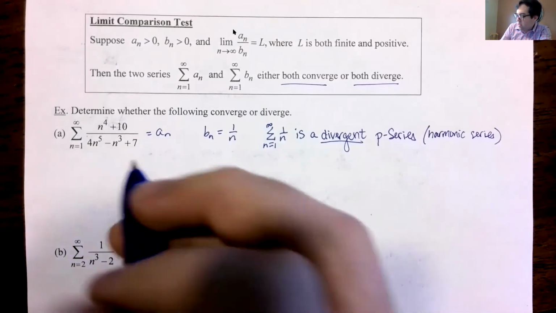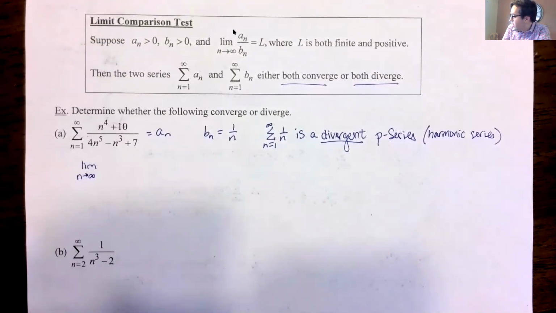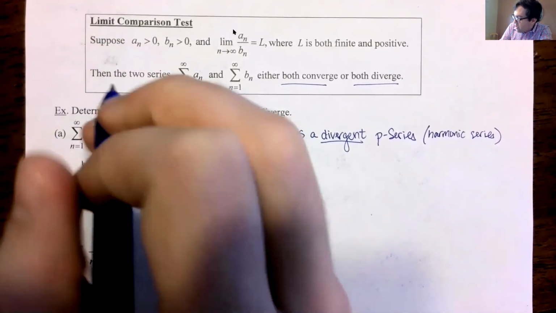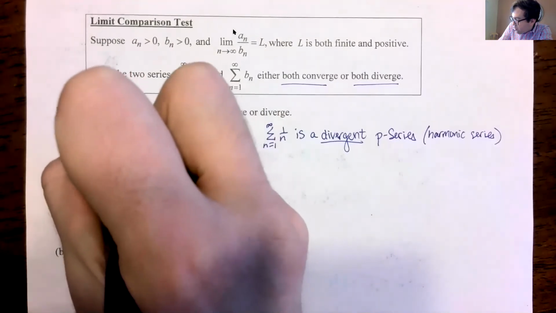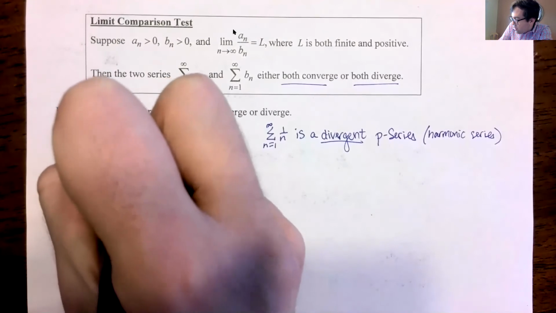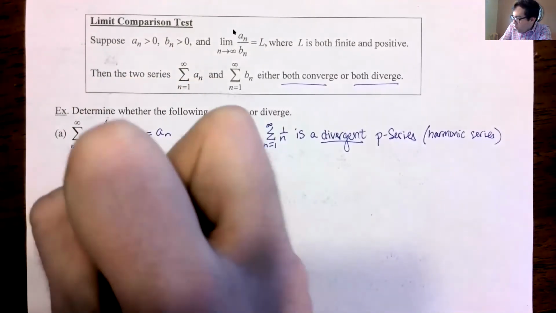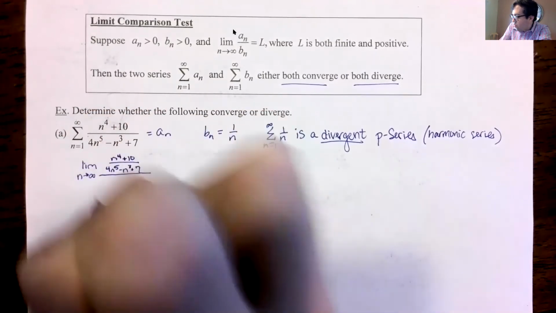Okay, so now what we're going to do is write out this limit statement with a sub n over b sub n. So I'm going to have the limit as n approaches infinity, and I'm going to have this whole fraction on top, n to the fourth plus 10 over 4n to the fifth minus n cubed plus 7, over 1 over n.